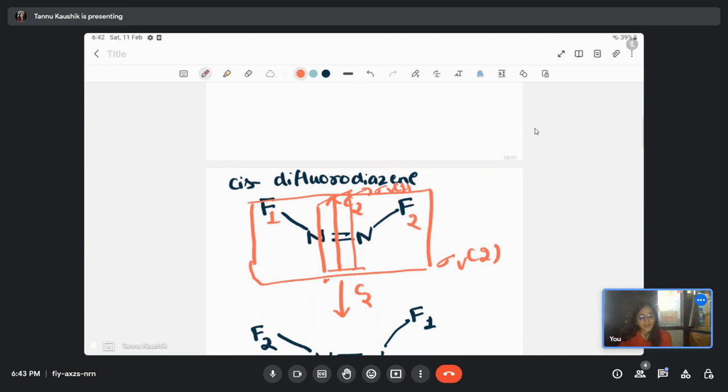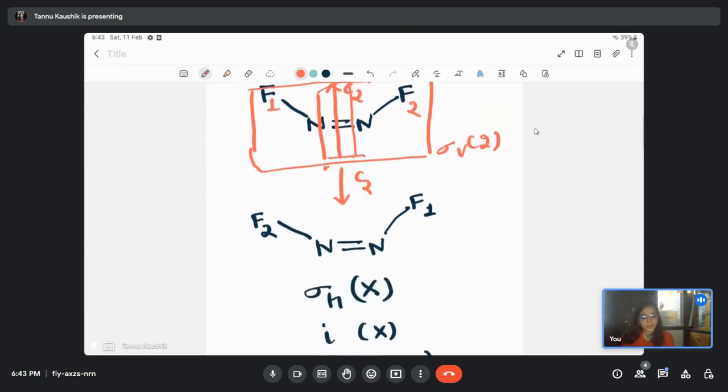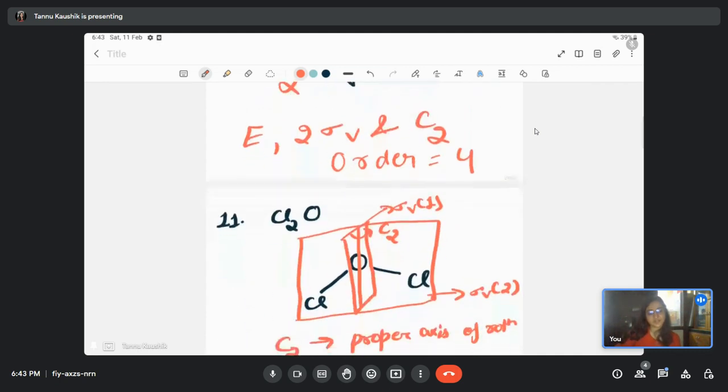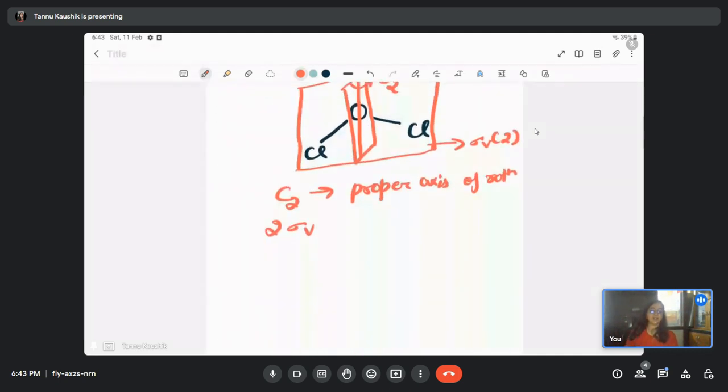Like in this case, this cis difluorodiazine has symmetry similar to water. So you have to compare these molecules with certain geometries, and then you can find out the proper axes of rotation. It comes with practice.